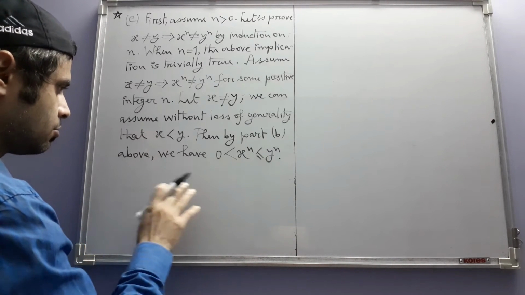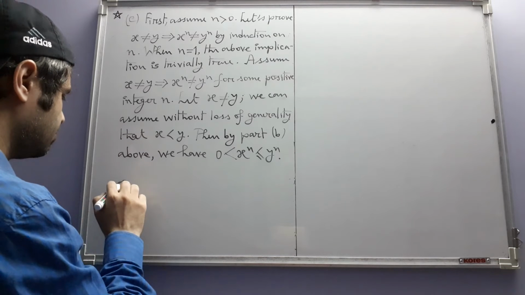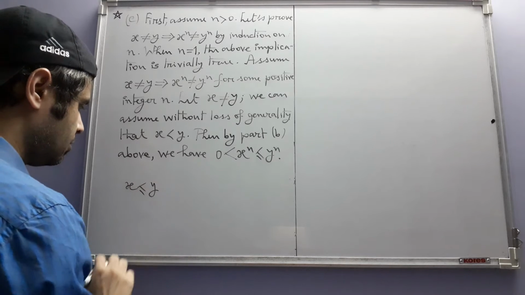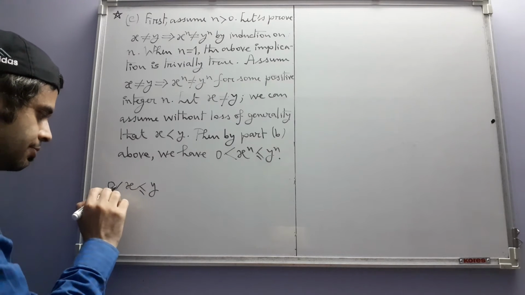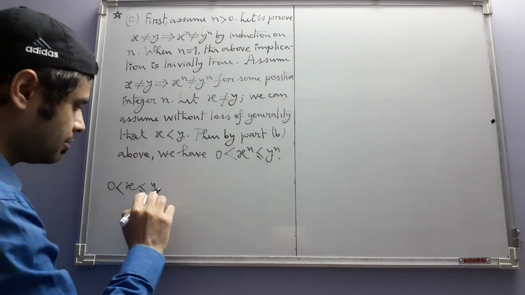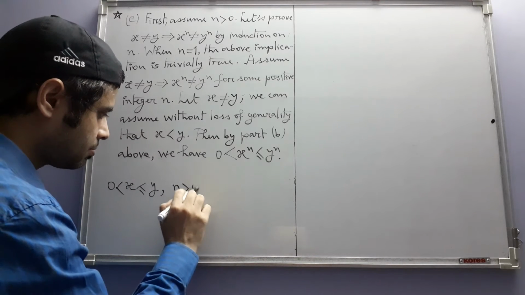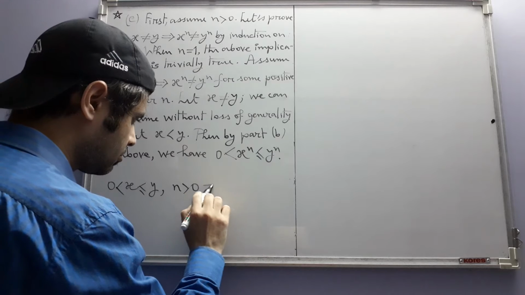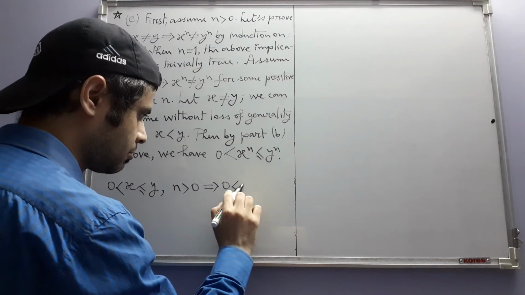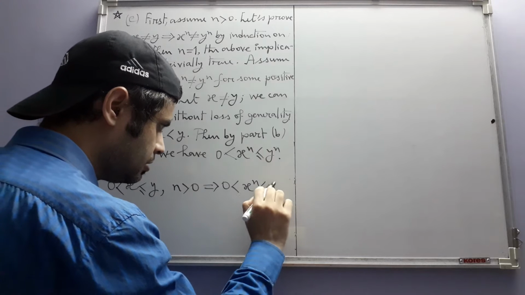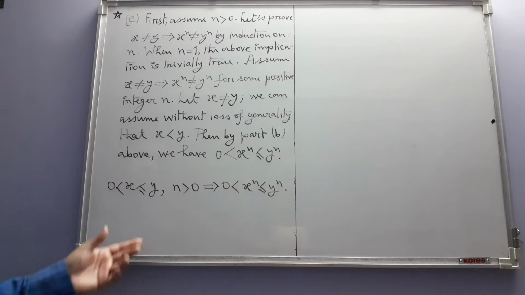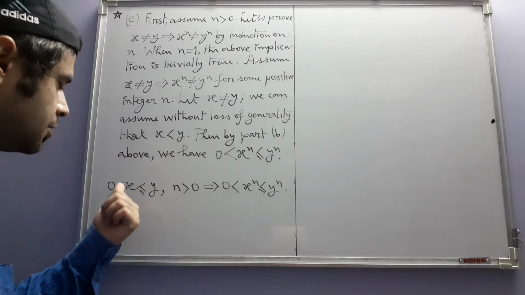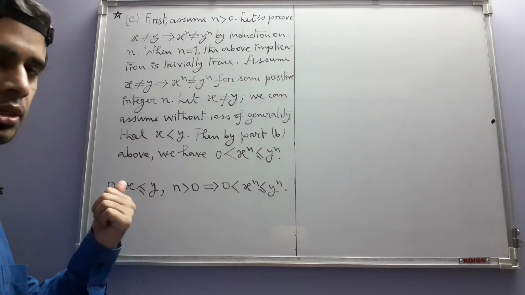Part B says two things, but we need only one of them. It says that if x and y are rational numbers that satisfy these inequalities and n is a positive integer, then these inequalities are true. Note that here we have strict inequality in the actual statement of part B of this proposition, but here we have less than or equal to.